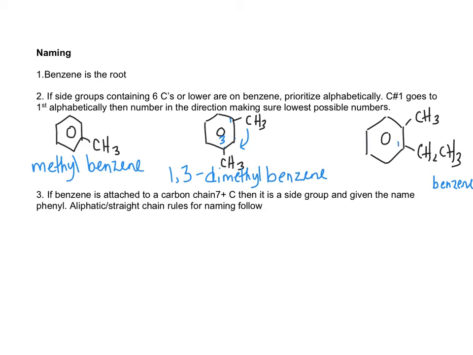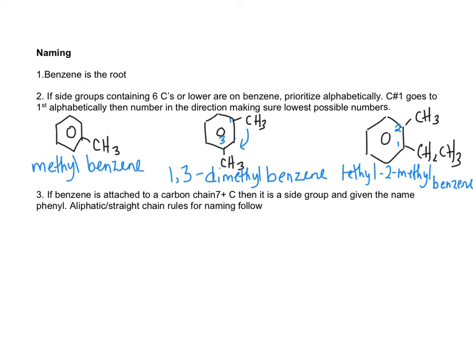And then the methyl is on this carbon right beside it, so that's carbon number 2. So this would be 1-ethyl, 2-methylbenzene.